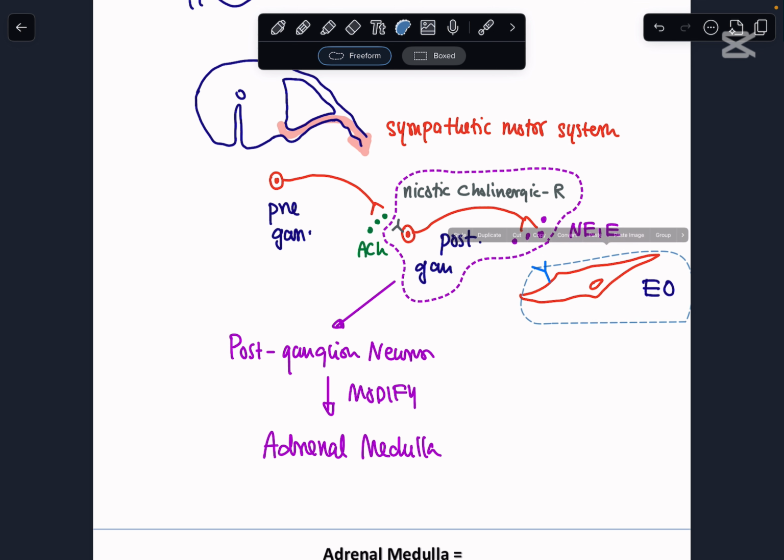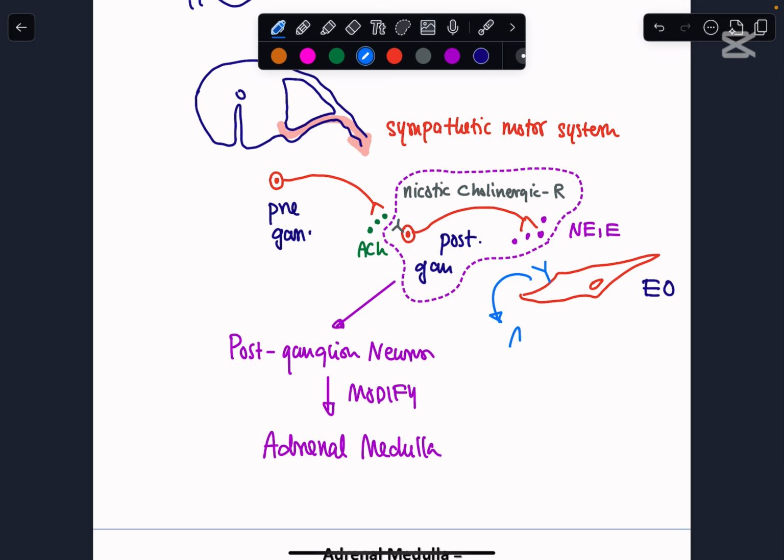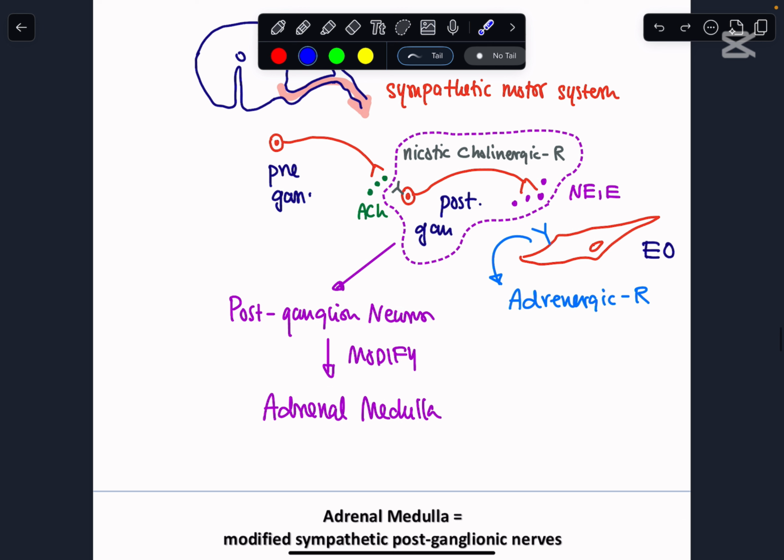This blue receptor would be adrenergic receptors. Sorry, my apologies. So here you actually release norepinephrine, epinephrine, and you bind to these adrenergic receptors in the effector organ. Okay, so take your postganglion and you modify that, right? So that's the idea. You modify it and you get adrenal medulla.